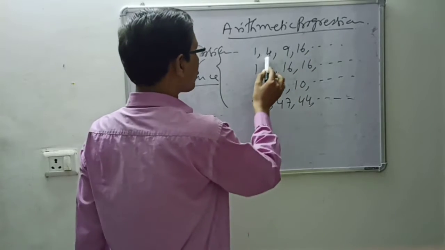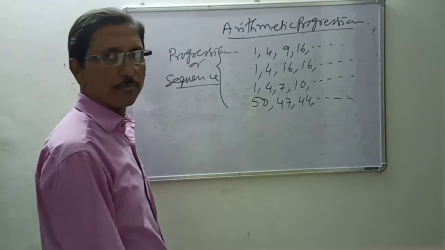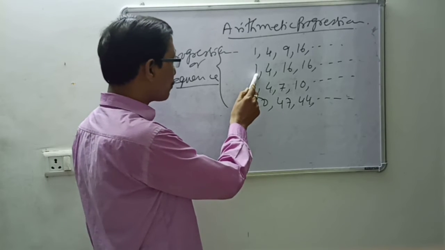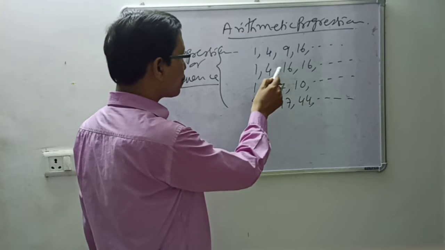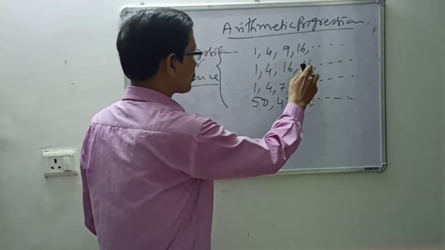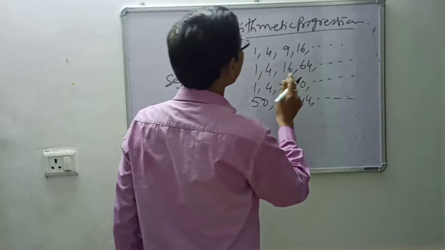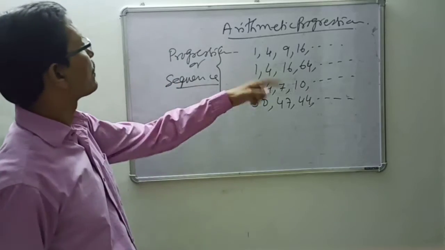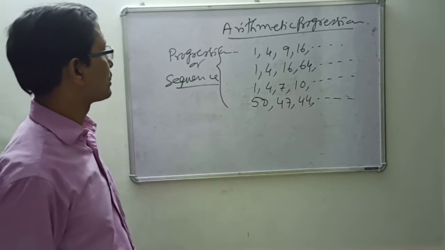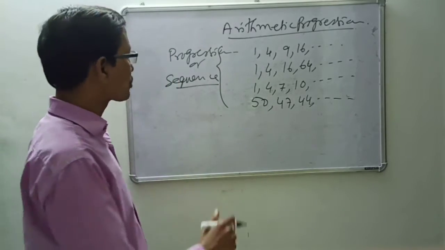So a particular pattern, the square of the number. Or 1, then 4 into 4, 16. Oh, sorry, this will be 64 then. Each one is multiplied by 4 of the previous one, then you get this. So these are also progression or sequence.